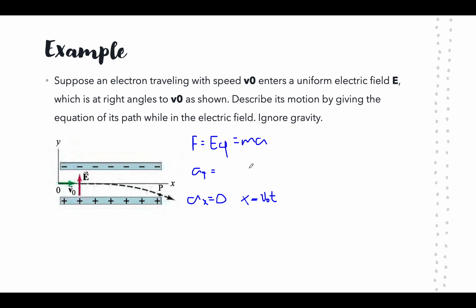And here, y would be equal to v0yt plus 1/2 at squared. Now, since when it enters the plates it's moving completely horizontally, there's no initial vertical velocity, so we would have this.